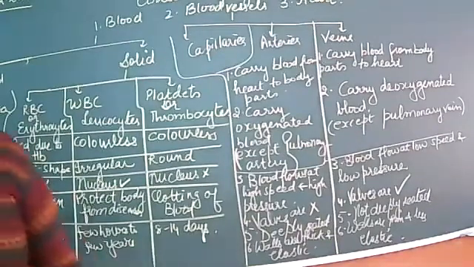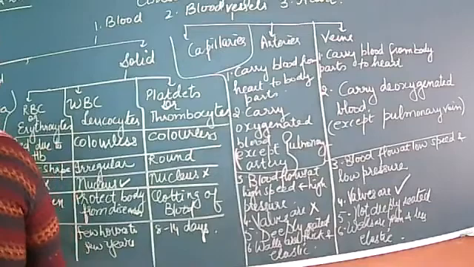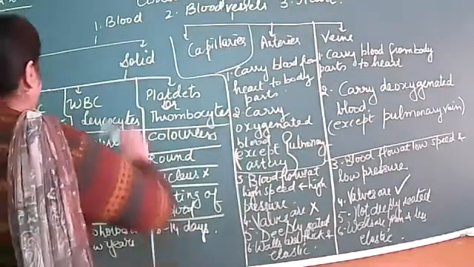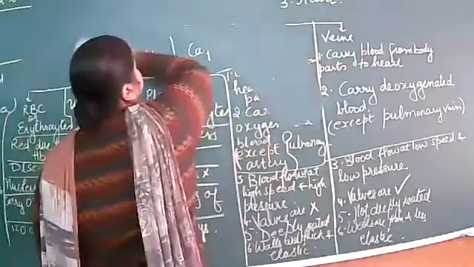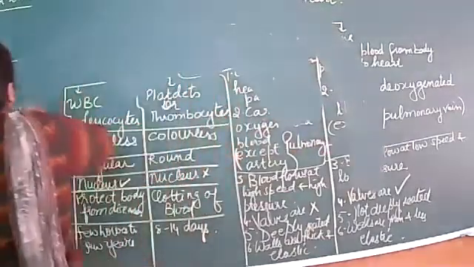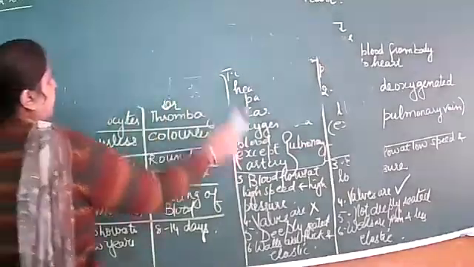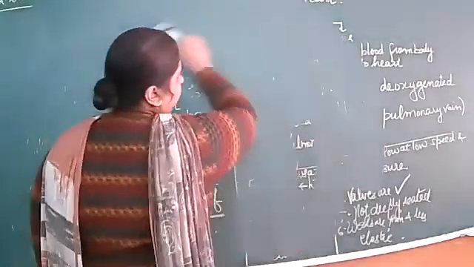Okay, if this is done, let us make a diagram and do the excretory system. What is the excretory system? It is the system which is helpful in removal of waste from the body, right?